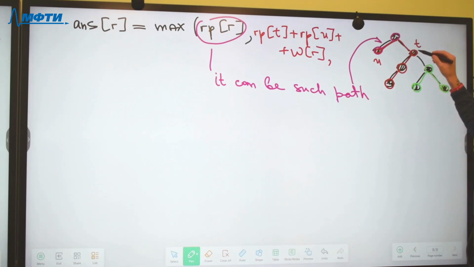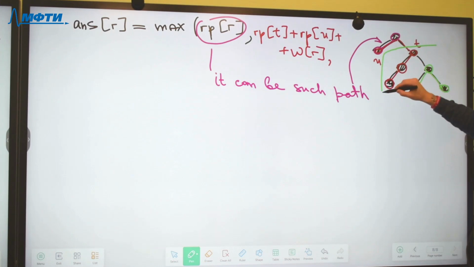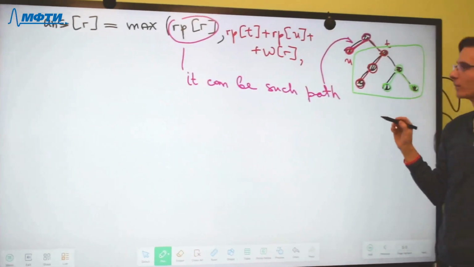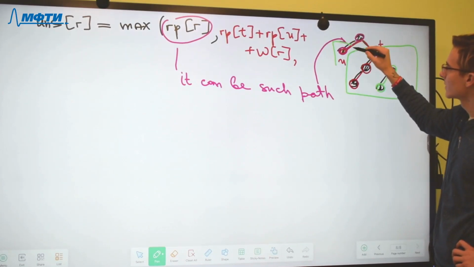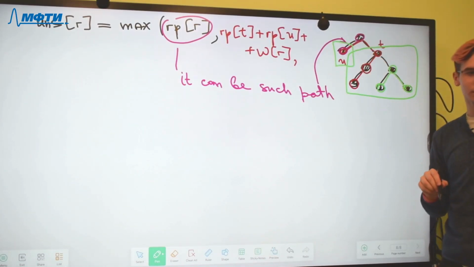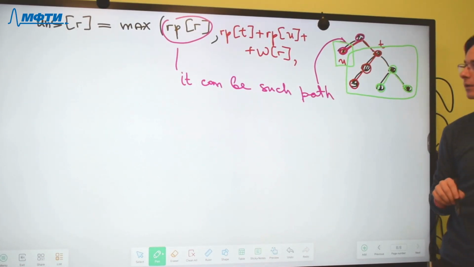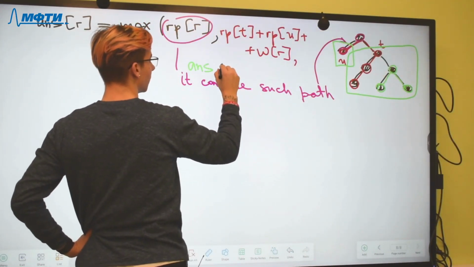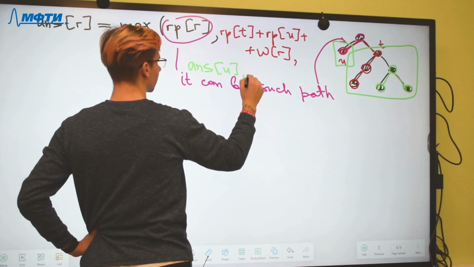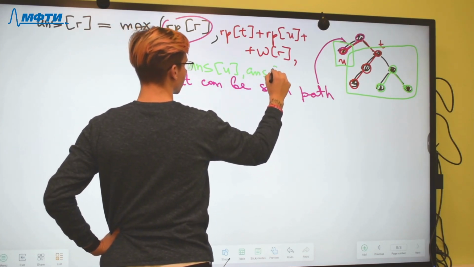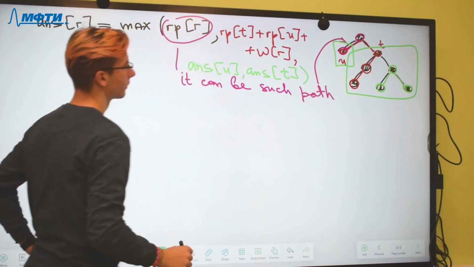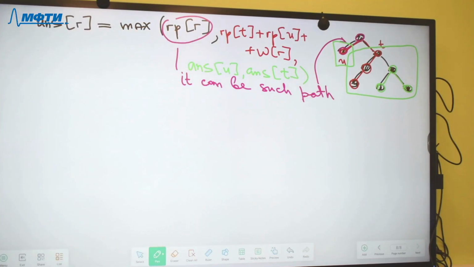And in this way, we need to compare this maximum with the maximum for each of the subtrees. And this maximum is equal to the answer of U, the answer of T. That's all.